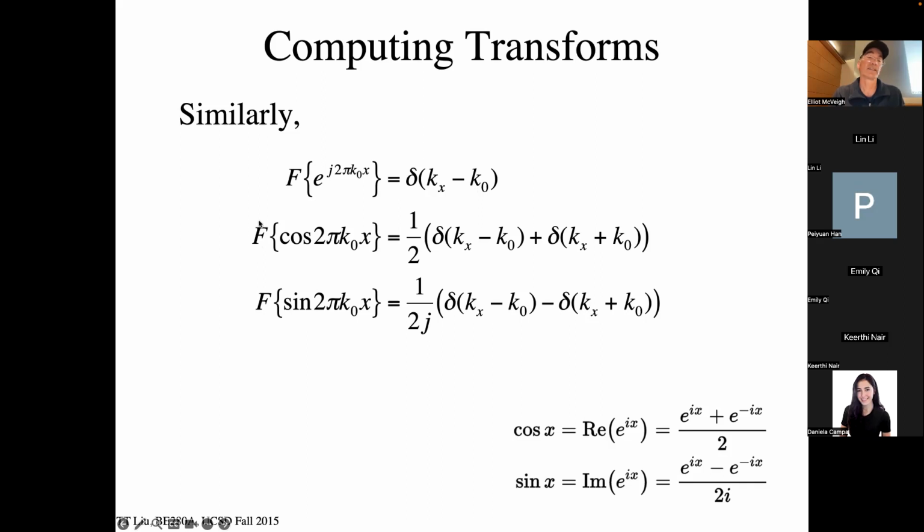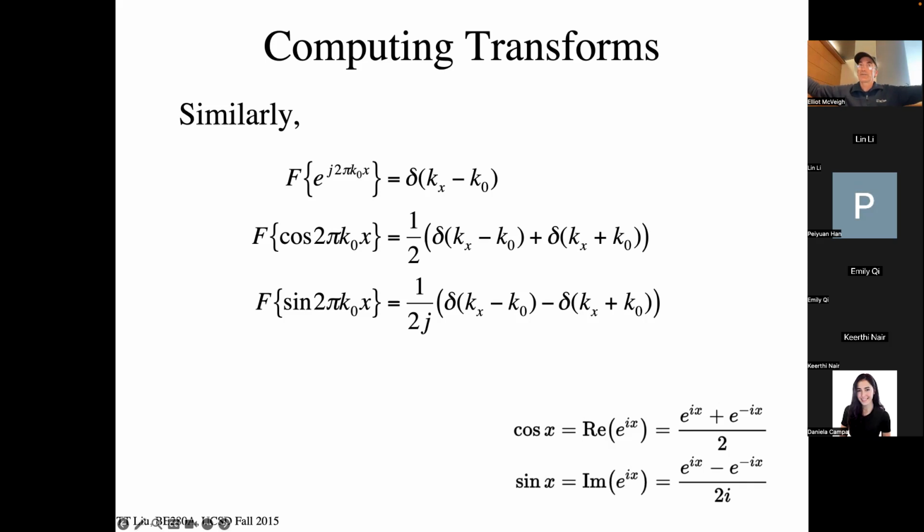Similarly, and this is kind of interesting, when I have a cosine function, which recall is an even function. It has the value of 1 at 0, and as we go both positive and negative, it goes through the same values. This function is oscillating at this frequency, 2 pi k sub 0 in space.